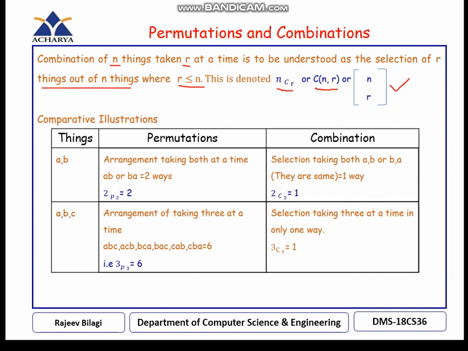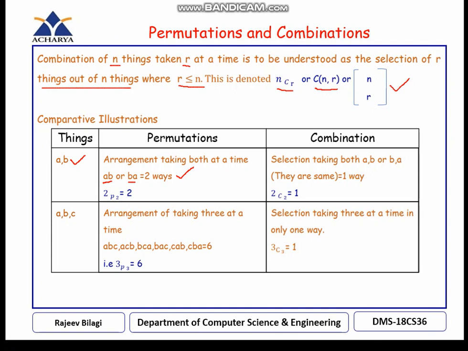If you look at permutation, there are two different things, A and B. Arrangement taking both at a time will be AB or BA. AB is considered as one way, BA is considered as another way. So this is two ways.